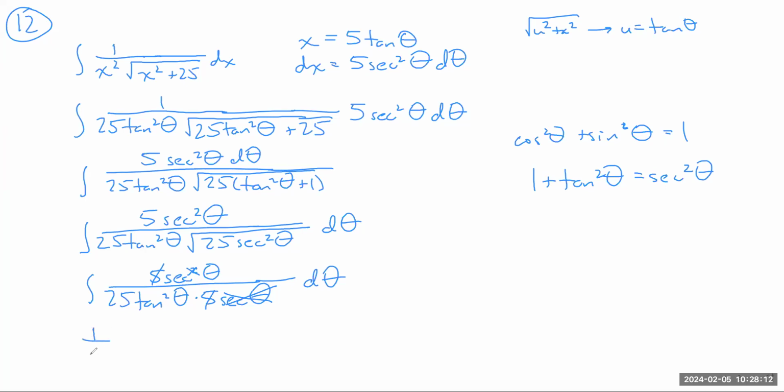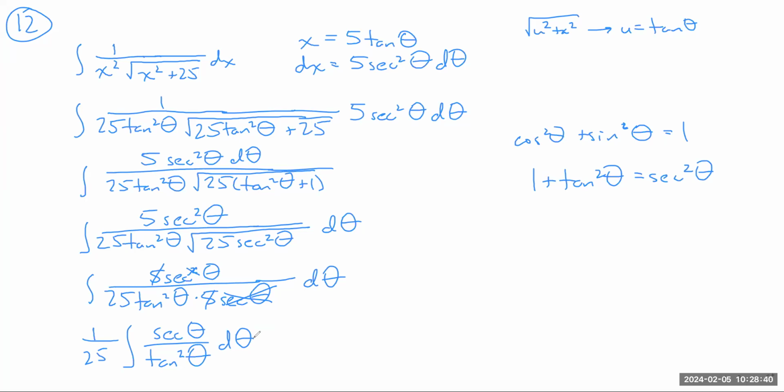I'm going to pull the 1/25th out. So now I get secant theta over tangent squared theta d theta. So any questions on how we got there? Do we believe that's correct? Where can I go from there?